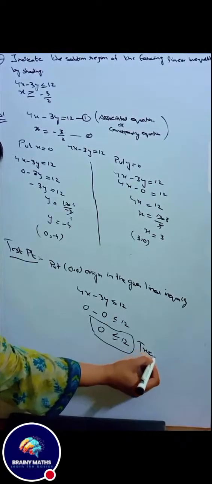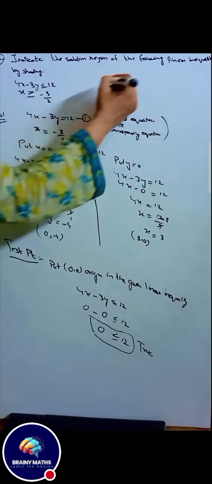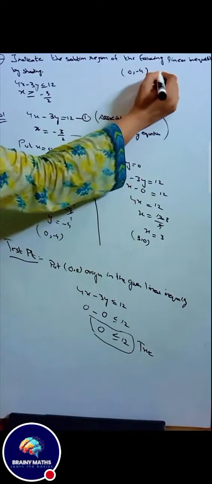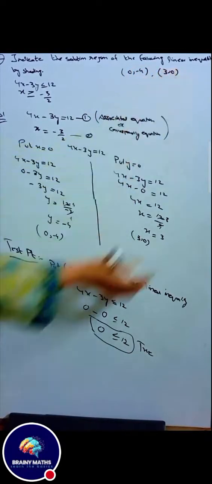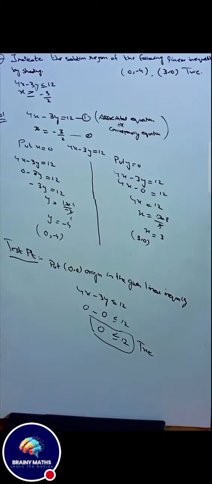Don't forget. Now take a screenshot of it. I will go for the next inequality. For my convenience, I will start here with 0, minus 4 and 3, 0, the ordered pairs, and suppose the inequality is true. Now, x equals minus 3 by 2.